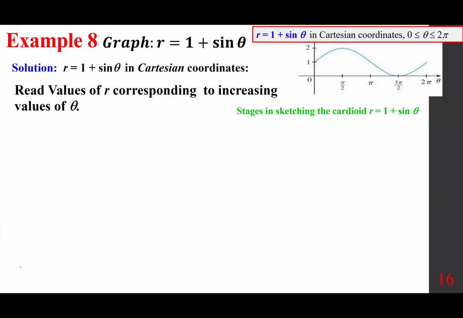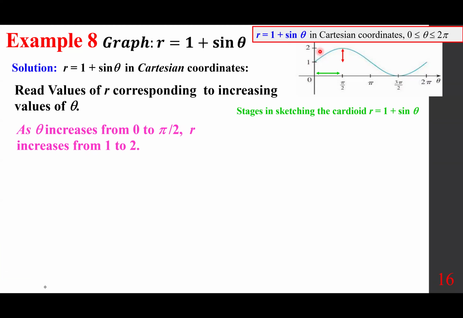Remember, in graphing sine, there are 4 arcs. So there are 4 pieces. We are going to see the change that occurs as theta increases from 0 to pi over 2, as r increases from 1 to 2.